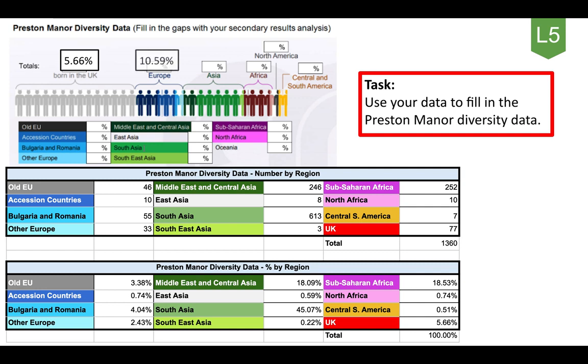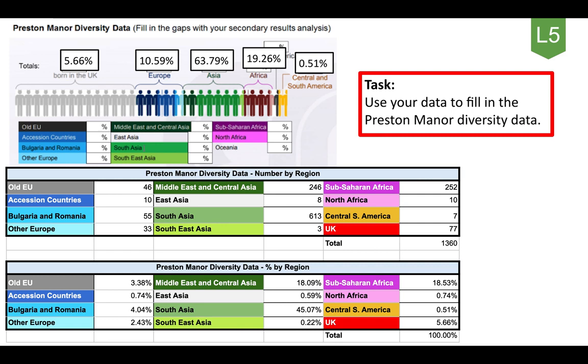Europeans 10.59%, Asians 63%, almost 64%, Africans 19, almost 20%, and just 0.5% for Central and South America. So can you fill that in for me, please? And then we can write the analysis underneath.